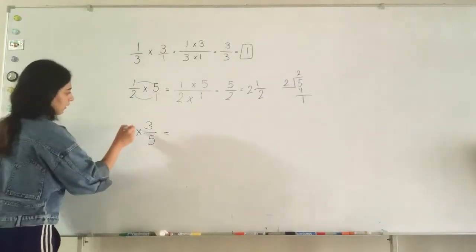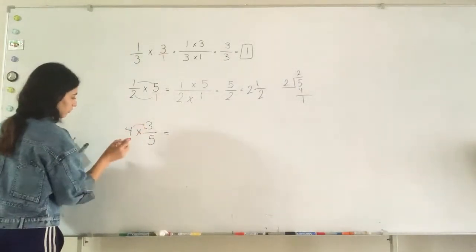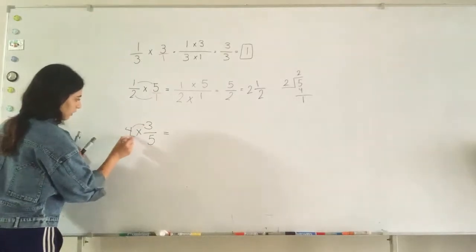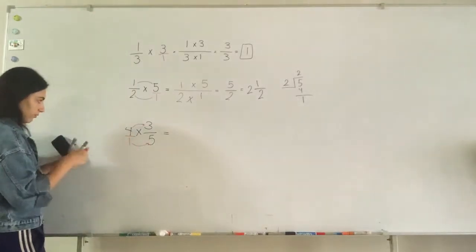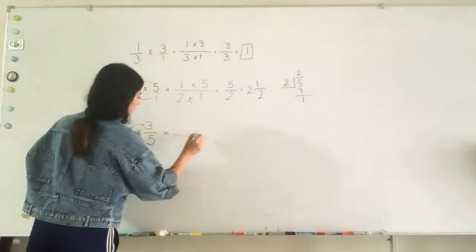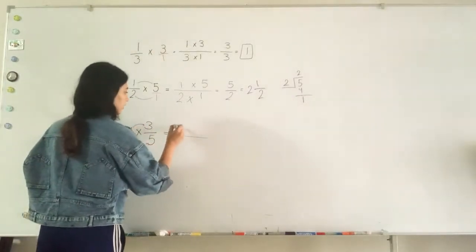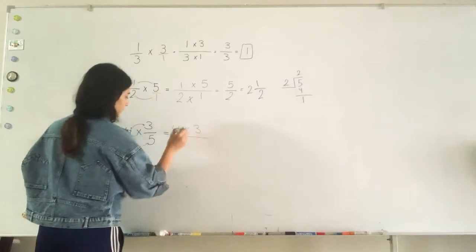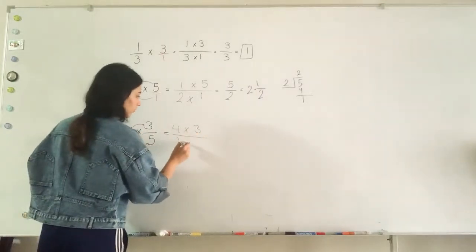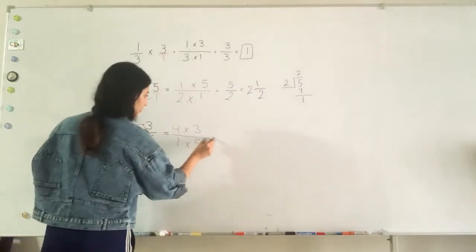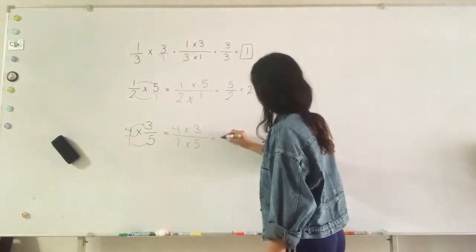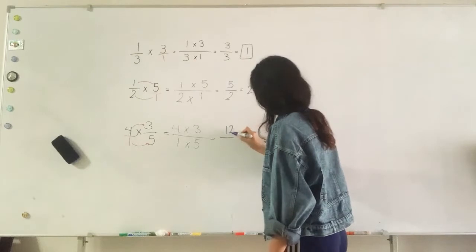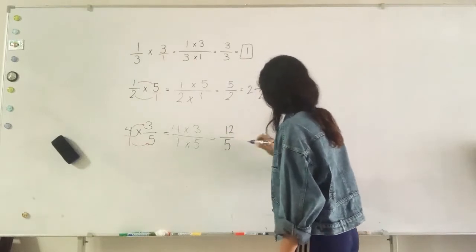So numerators times numerators, and my denominator is 1 times the denominator. So 4 times 3, 1 times 5. Then you just simply multiply. 4 times 3, 12 over 5.